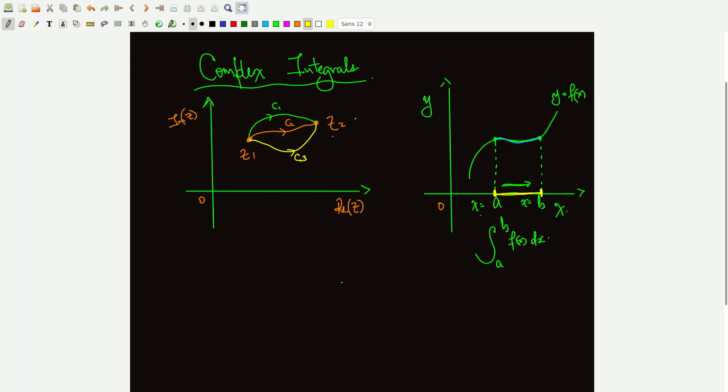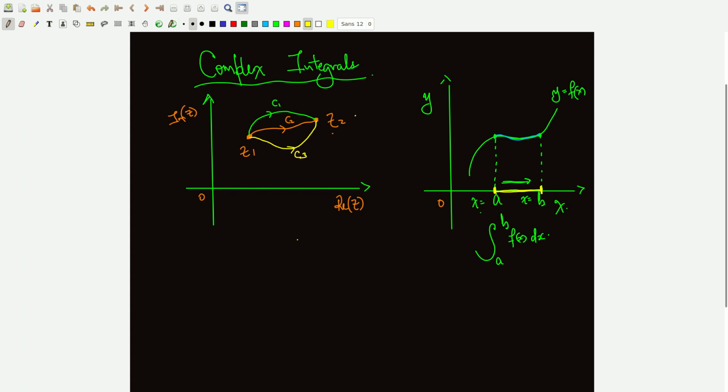So when we are dealing with complex integration, it is important for us to define the path one is taking. Here we have the imaginary part of z, which we can call y, and x, which is our real part of z.